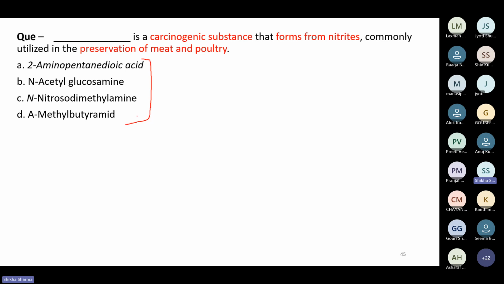Out of these, which is a carcinogenic substance formed from nitrites? Option C, nitrosodimethylamine, and nitrosamine formation, I think nitrosamine.